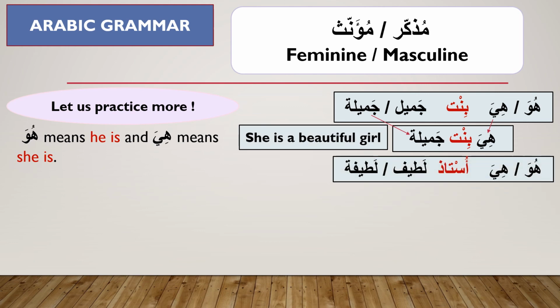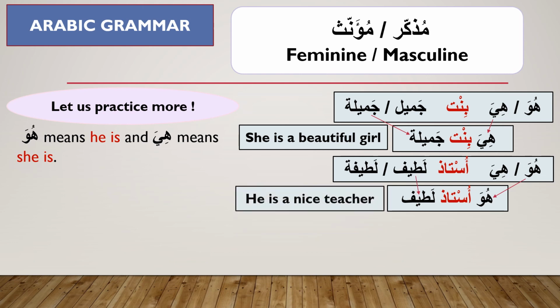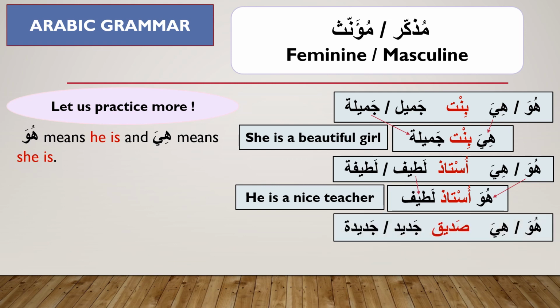What about the word أستاذ? Masculine. هو أستاذ لطيف. He is a nice teacher. صديق. It's masculine. A friend. هو صديق جديد.